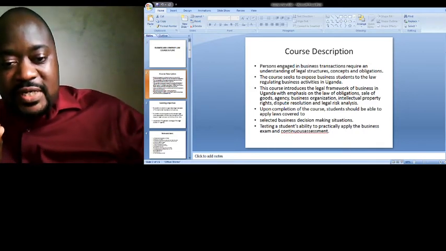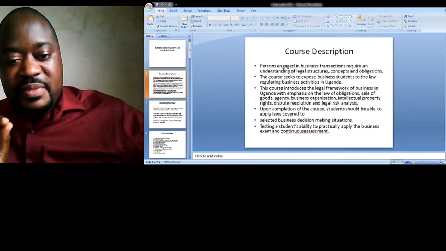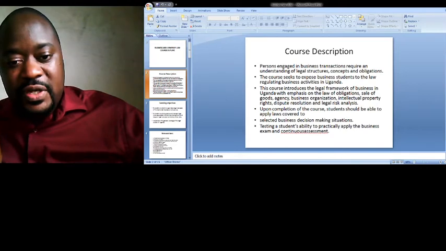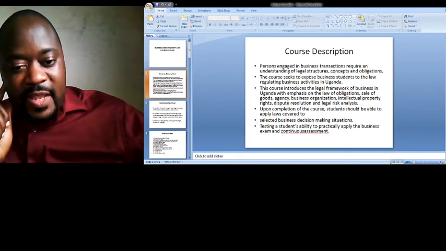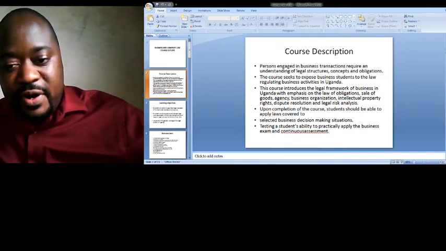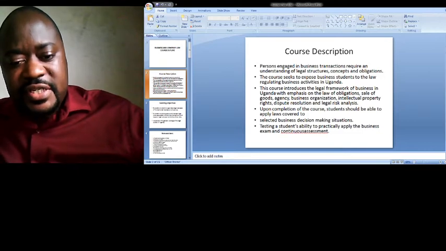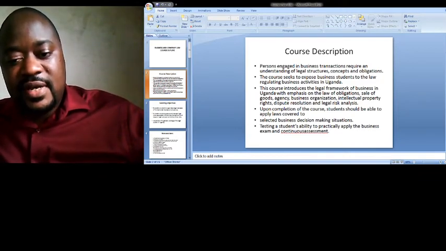It is important for you people who are in the business world to appreciate the laws that regulate businesses in Uganda. This course introduces the legal framework of business in Uganda with emphasis on the law of obligations, sale of goods, agency, business organization, intellectual property rights, dispute resolution, and legal risk analysis.